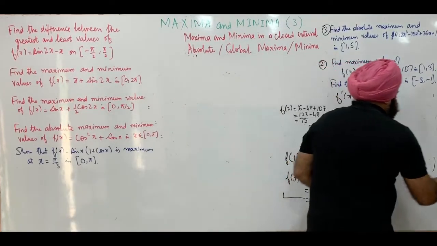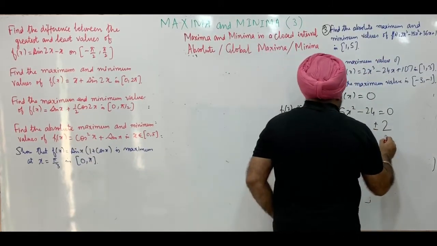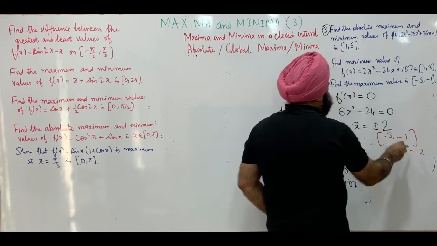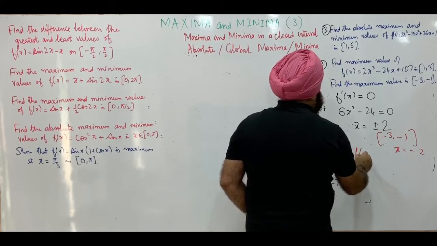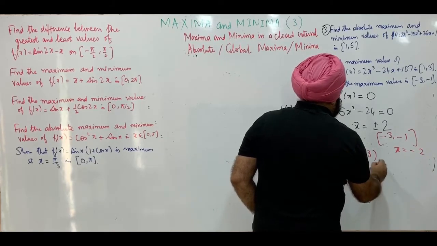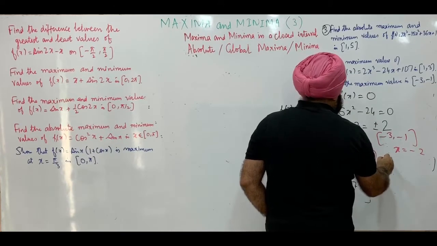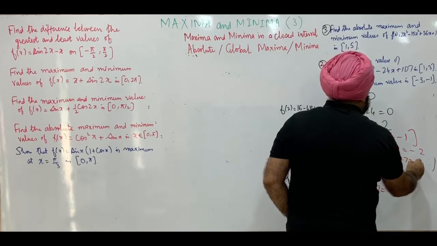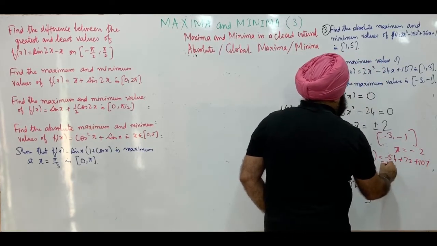So for the same question, if the interval changes, now we have the interval from -3 to -1. So x is equal to -2 lies here, x is equal to +2 will be rejected. We find out f of -3, f of -1 and f of -2. This is 27 into 2, 54, minus 54 plus 72 plus 107, and that is 125.